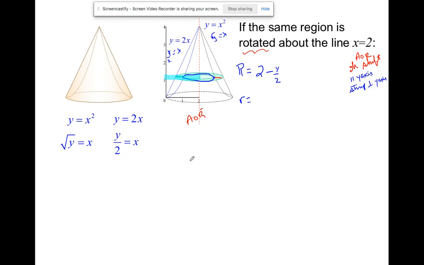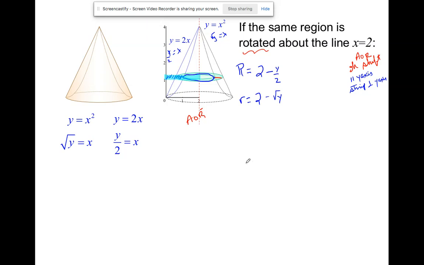That radius, isn't that also 2? That's still a distance of 2, but the little radius is 2 is too much. What do you want to subtract off? You want to subtract that off, right? What is that the distance to? The curve.